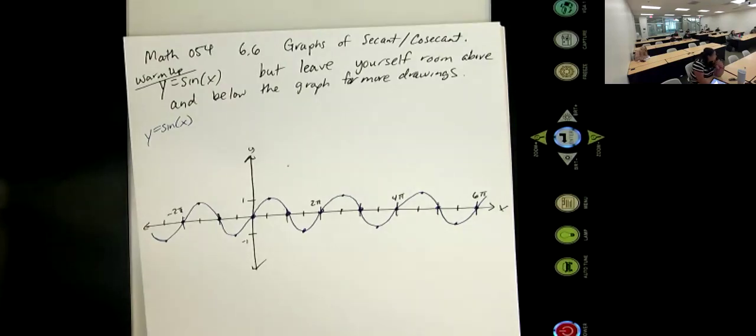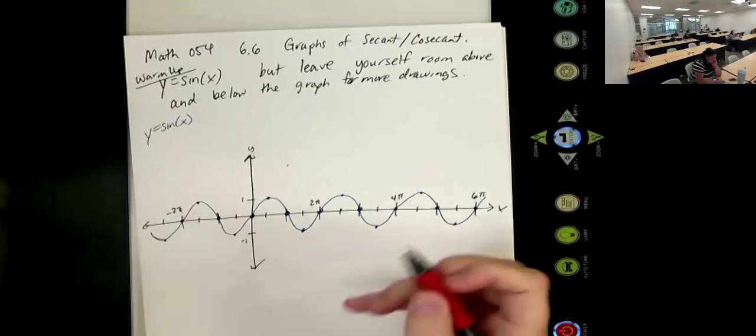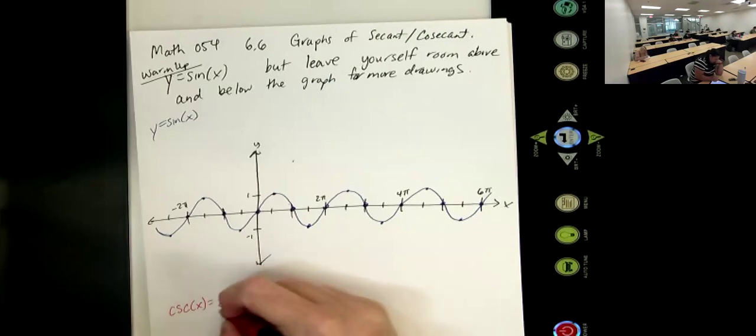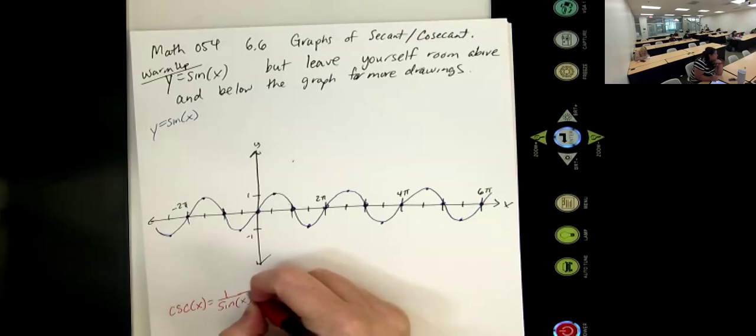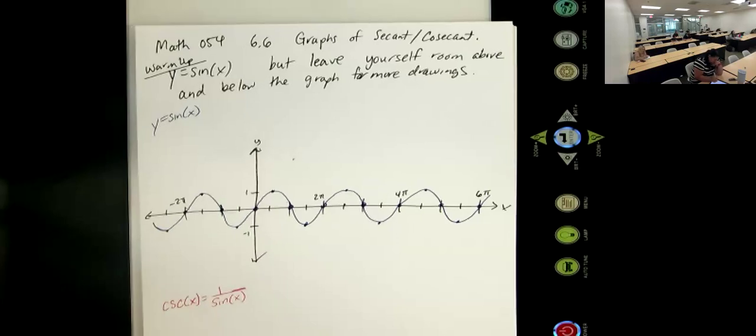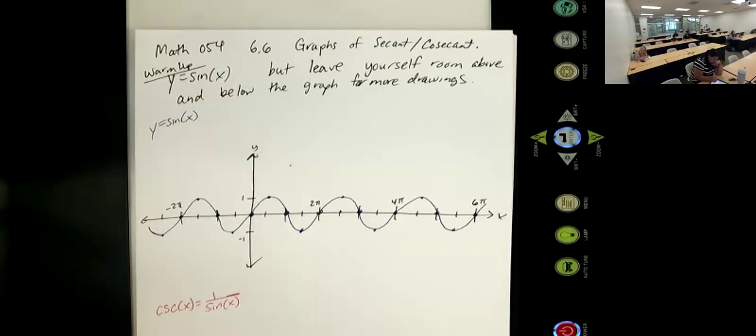Alright, since I started with sine, I guess I'm going cosecant first. I meant to go secant first, but oh well. So cosecant x is 1 over sine x, right? So we're gonna use that to help guide our graph.